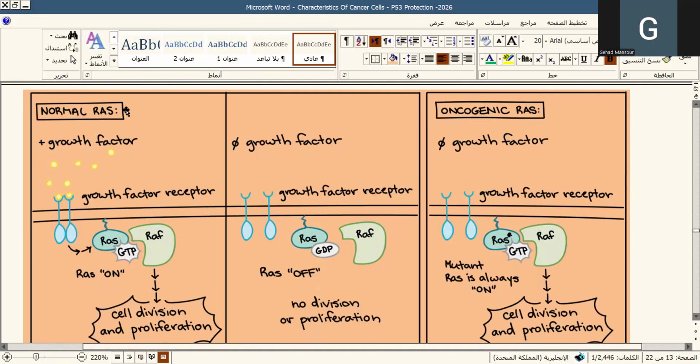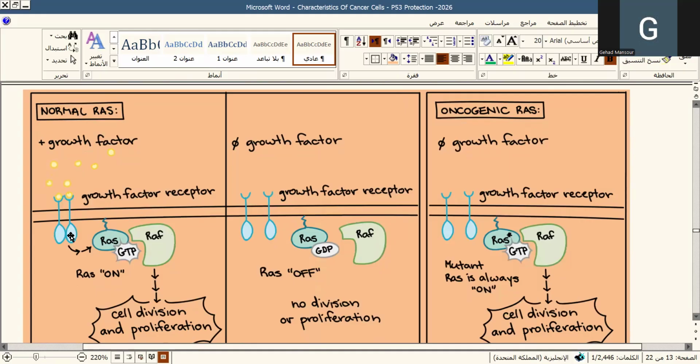So in the normal condition, we have the RAS on the cell membrane, or actually the RAS is a part of this structure, which is the growth factor receptor, and it is a protein that will be activated by that receptor, but it's also on the cell membrane.